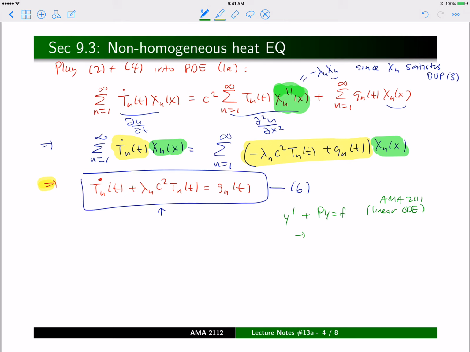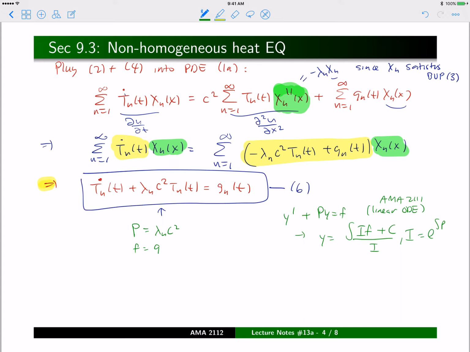The solution is y equals the integral of I f over I, where I is the integrating factor. Here p is our lambda n c squared, and our f is just our gn.